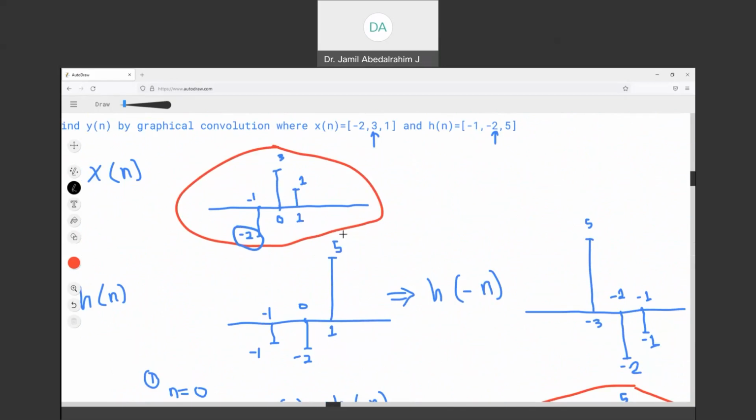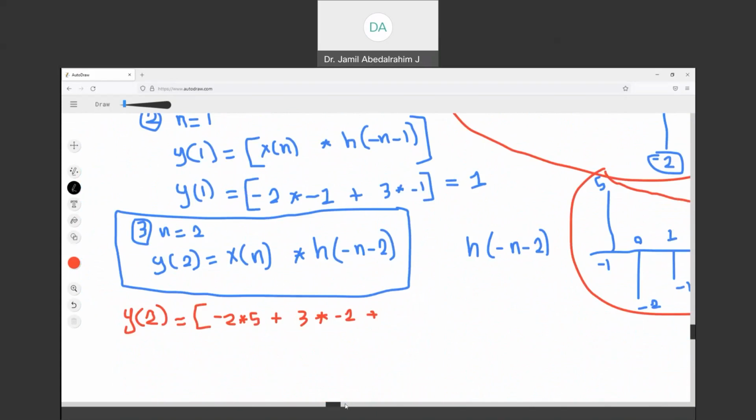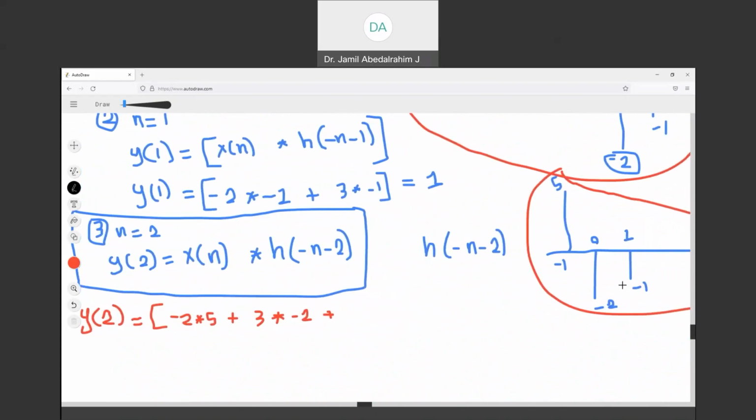at 1 we have 1, and here at 1 we have negative 1. So 1 multiply negative 1. Negative 10.